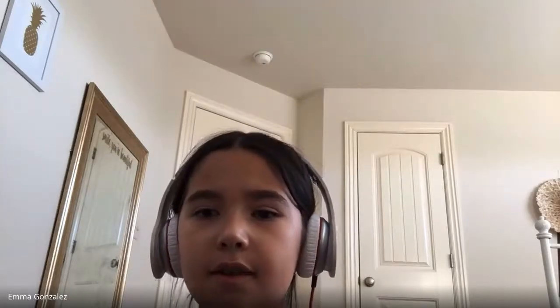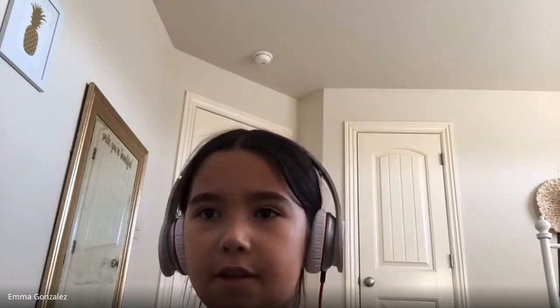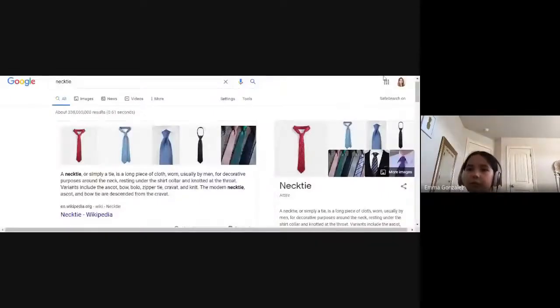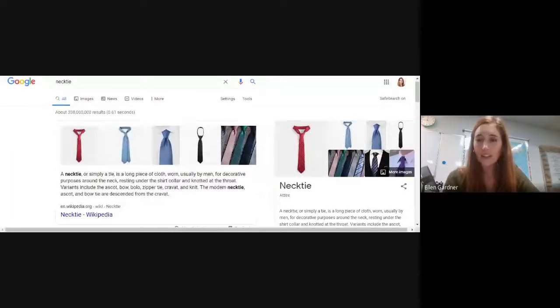A necktie is like this long tie that has a little knot right here, and then it goes down. That's exactly right. It's what we usually abbreviate to just say it's a tie. Like what men wear to go to an office, to look formal.